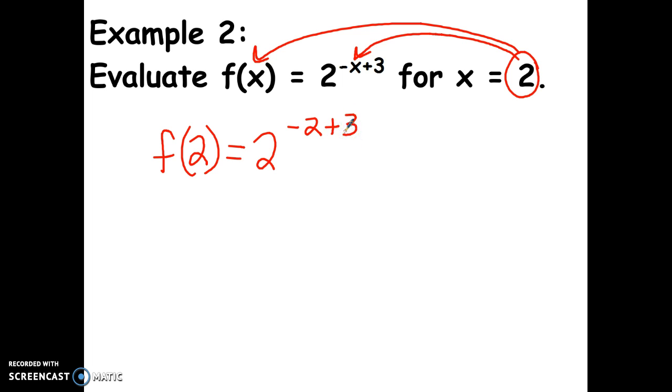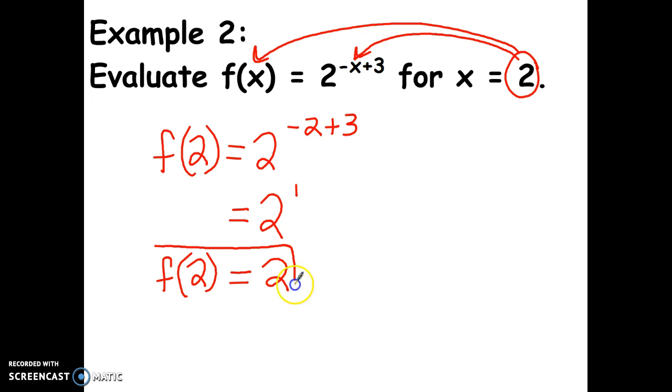Now we just need to simplify this. This is going to become 2 to the, now this is integer rules, we have negative 2 plus 3. So what will that become? 1. Okay, we're almost finished. So what is 2 to the first power? It's simply 2. So f of 2 equals 2. So you have now evaluated that function for x equals 2.